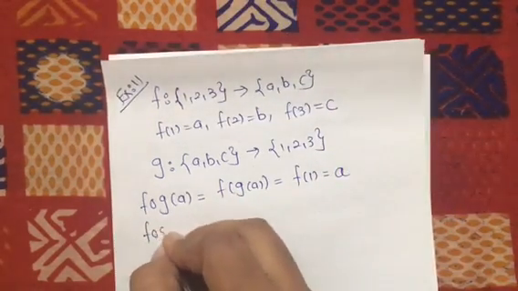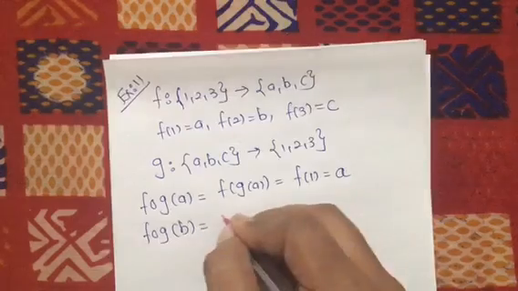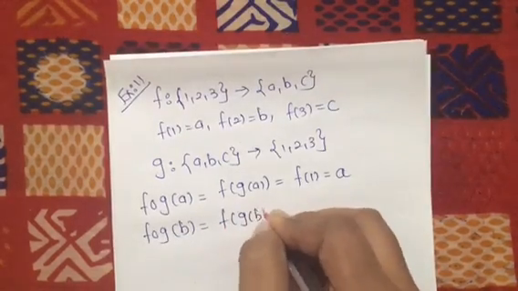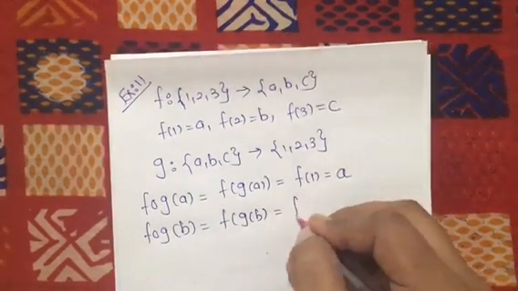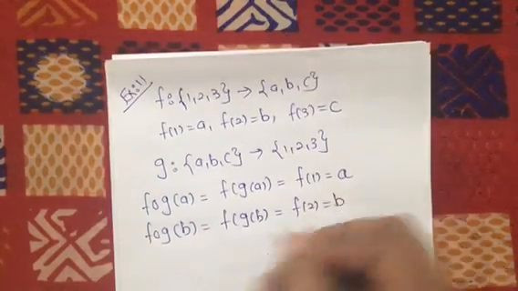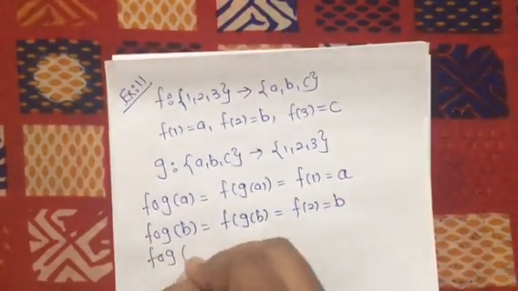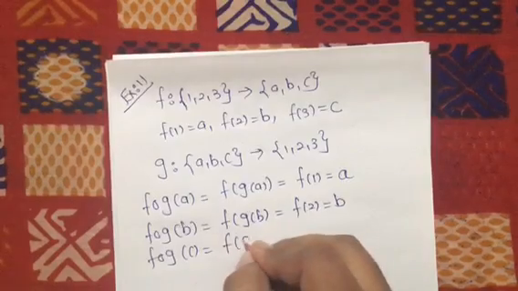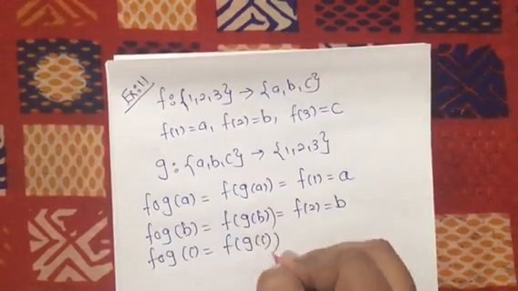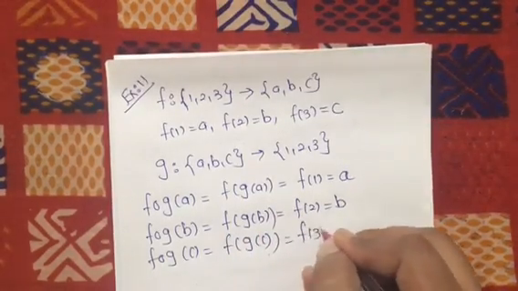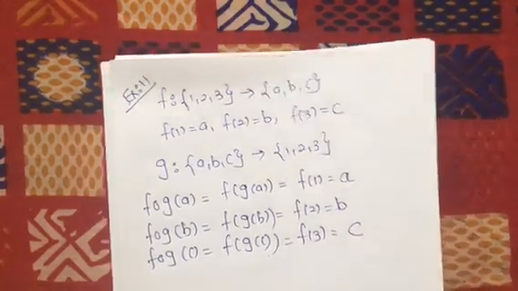Next is f of g of b. g of b is 2, that is f of 2 is equal to b, and f of g of c is equal to f of 3. f of 3 is c.